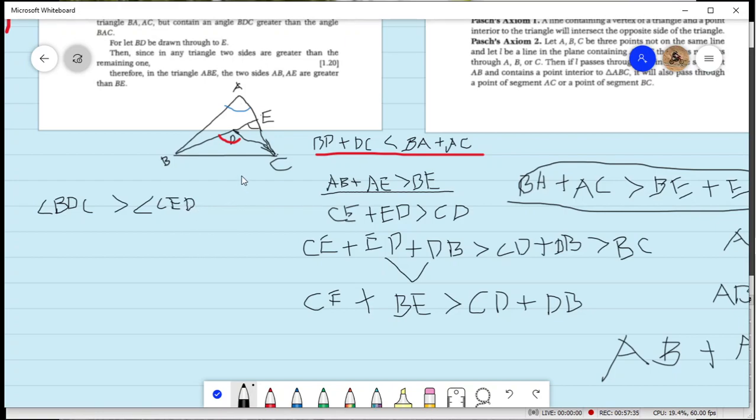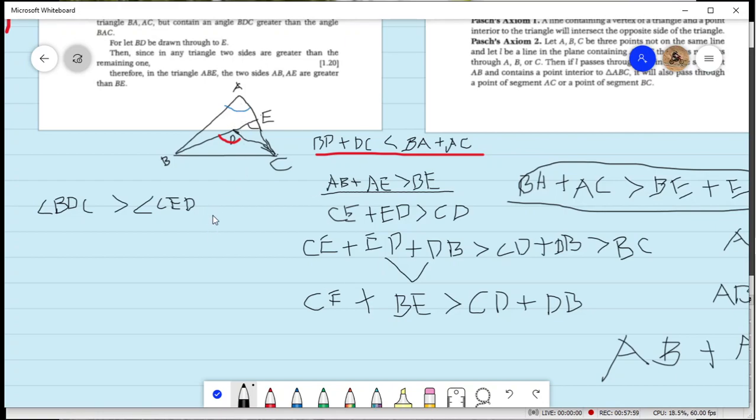But then notice also that angle CED is now an exterior angle for triangle ABE. This is an exterior angle wherein this angle BAE is one of its remote interior angles.